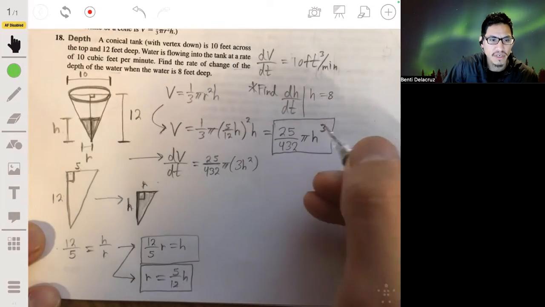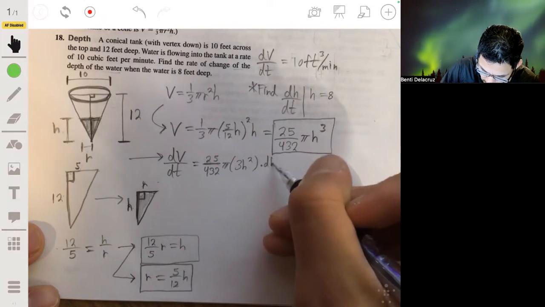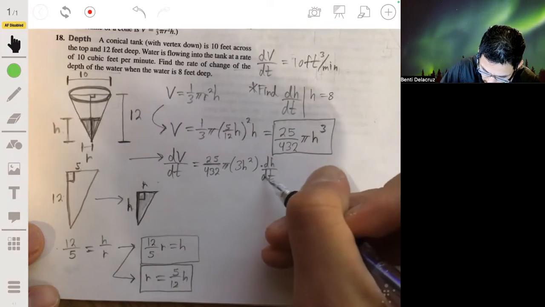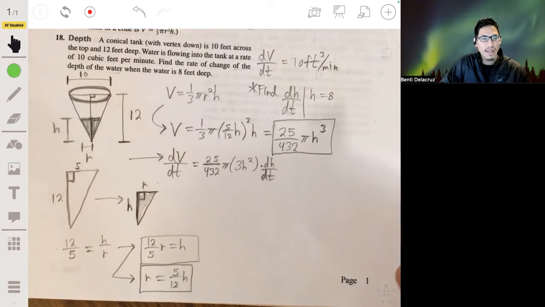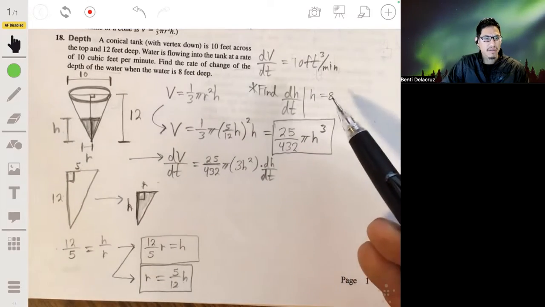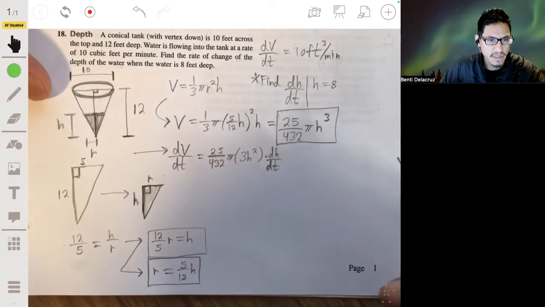And remember, h is a function of time, so using the chain rule, this will be times dh over dt. And now we simply plug in and solve. This is just the algebra part. The calculus part is pretty much done.